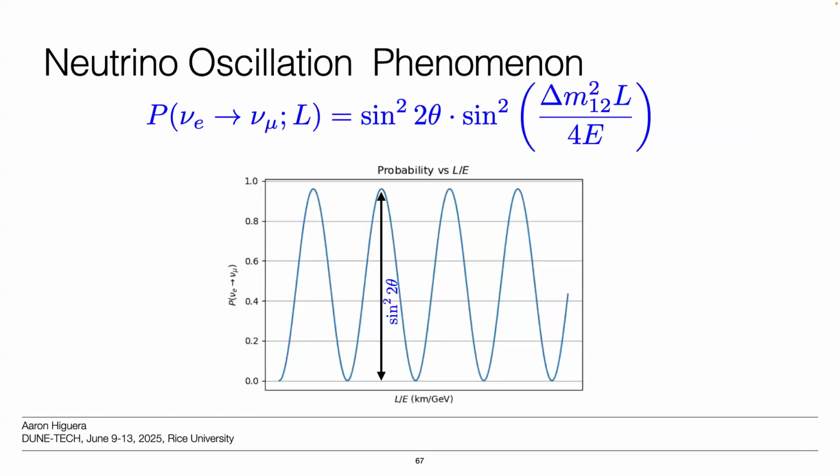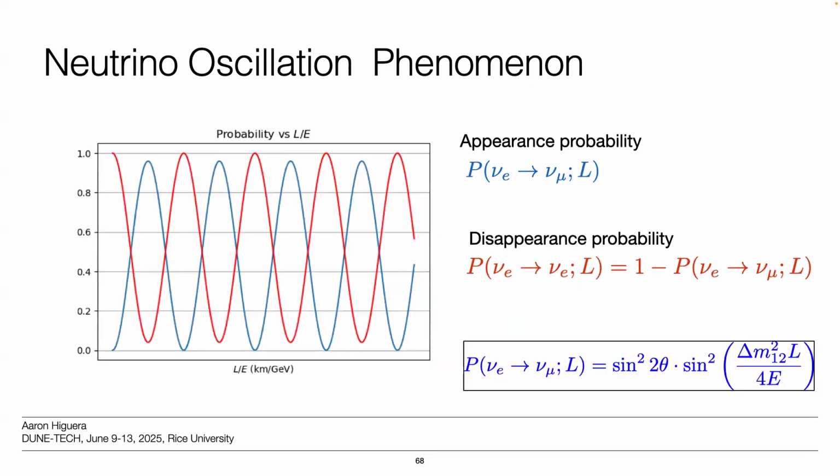But what is happening is that when the flavor states are produced, they're traveling and they propagate through these mass eigenstates. And if we place a detector somewhere along L over E, we will find something different because there is an oscillation probability. There is a probability that they will oscillate, right?